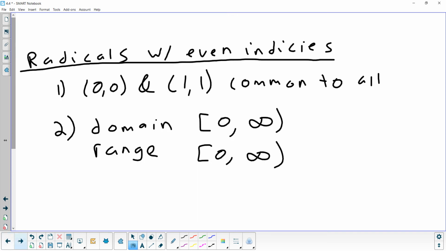And you can include 0. I don't know how to say that any differently. It's fine to include 0 when you take a square root. That's okay. You can do that. So you can take the square root of 0. Okay, you can include 0.